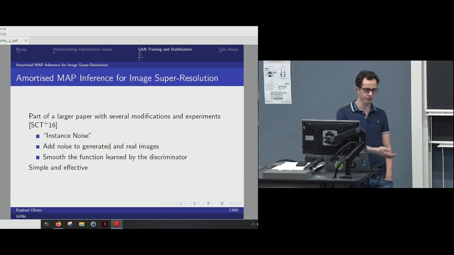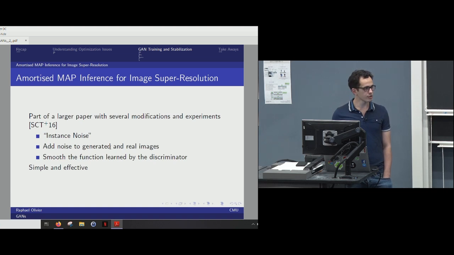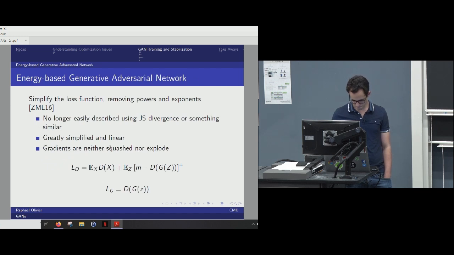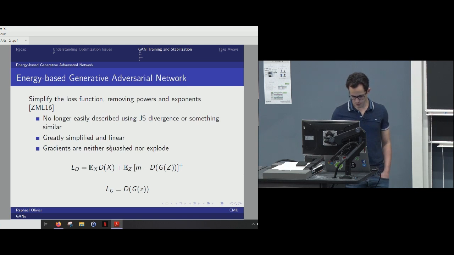When you get a real image for the discriminator, you add a bit of noise to it, and that is going to make the function the discriminator learns a little bit smoother, and the supervision throughout the process a little bit more effective. Extremely simple. You should try it because, in terms of code, it's basically free. And it's worth a shot. We're going to get through the big one very soon.